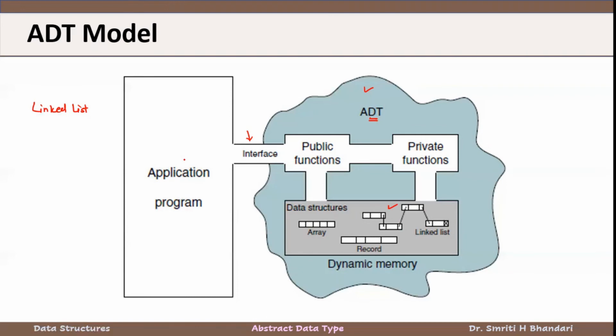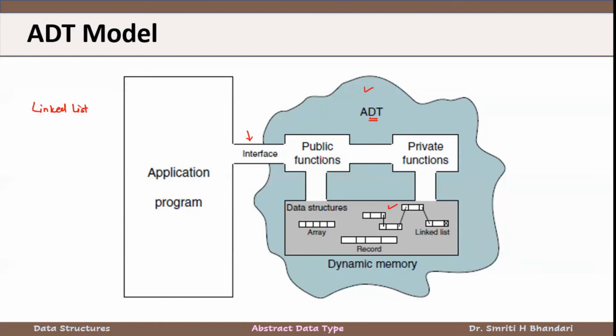So the programmer is not knowing what is underlying these functions. Simply, the application programmer has known the syntax, how to use these data structures or how to operate upon these data structures. So the application program through proper syntax only calls upon the functions, right?